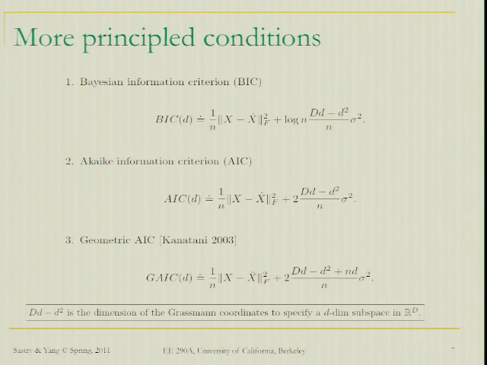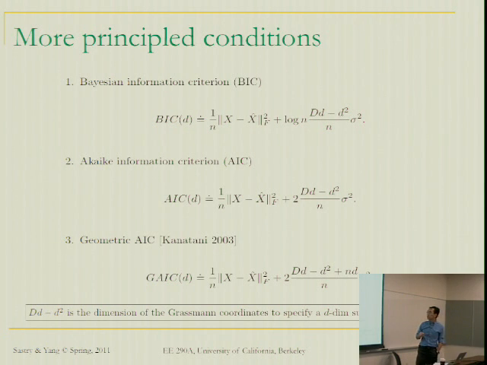So in practice, we have observed that using this geometric AIC to fit a low-dimensional subspace model to help you to choose the dimension for subspaces tends to perform slightly better than the first 1 and 2. So if you're really interested in the derivation of the geometric AIC in particular, certainly you should look into Kanatani's paper in 2003. It's a conference paper.